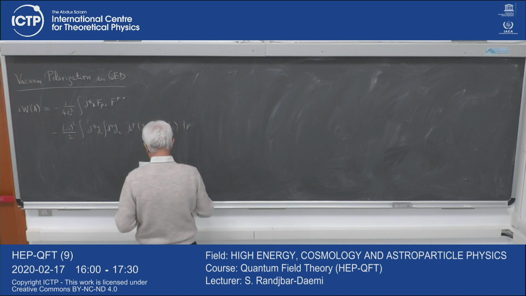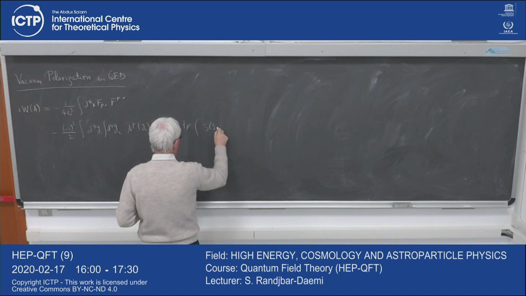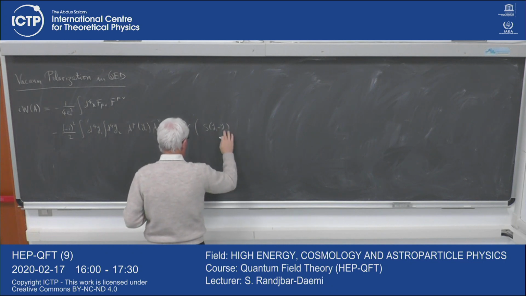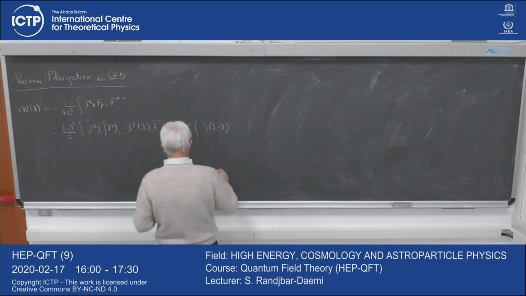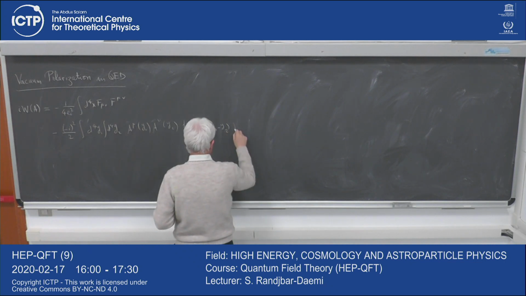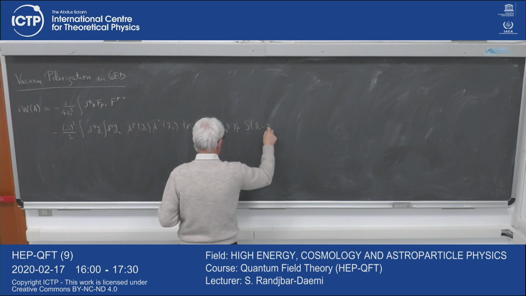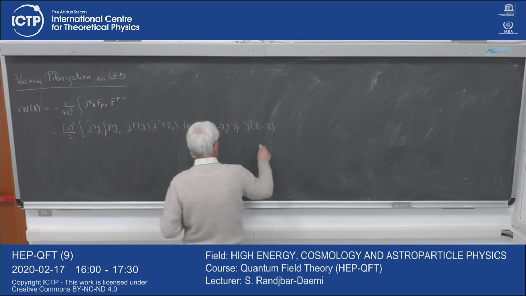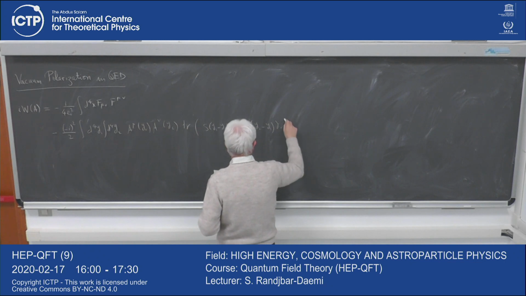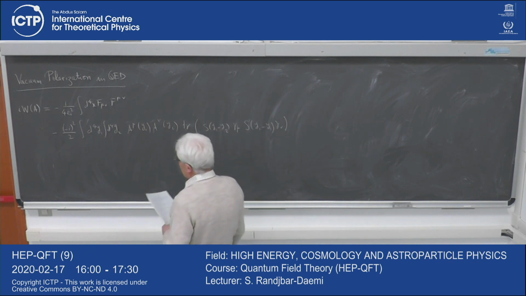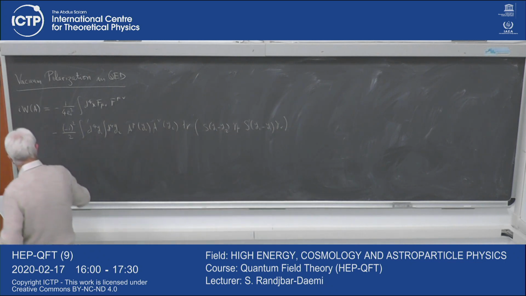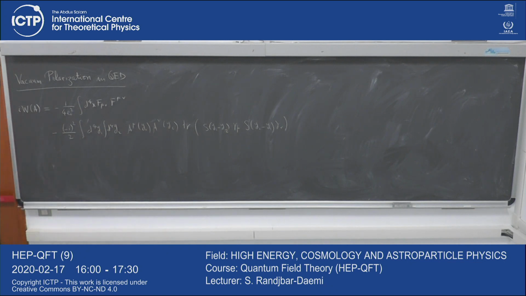Then there is a trace for fermion labels, spinor indices, gamma mu S(y1 minus y2) gamma nu S(y2 minus y1). And we saw that this minus comes because of the fermion loop.